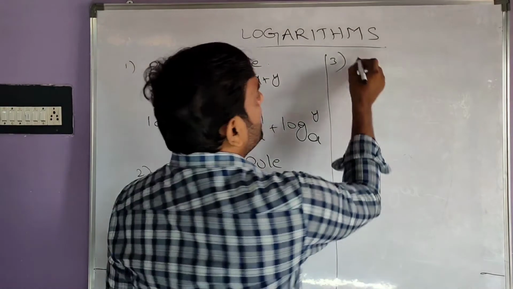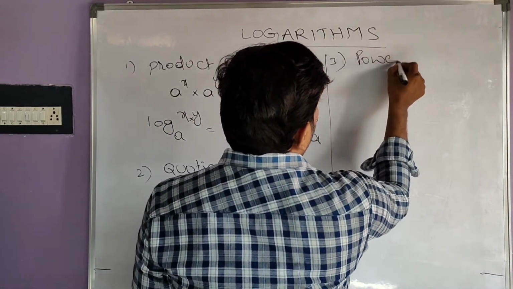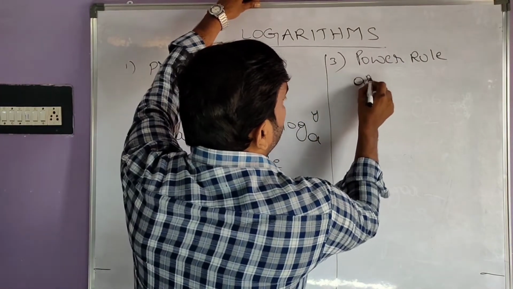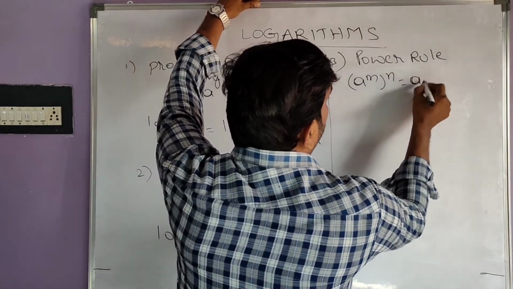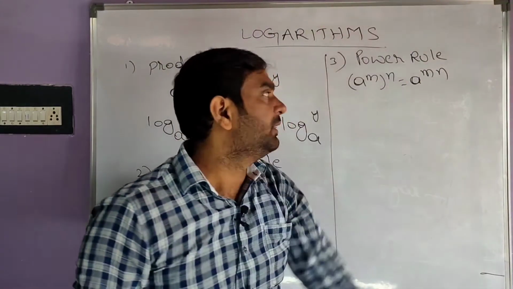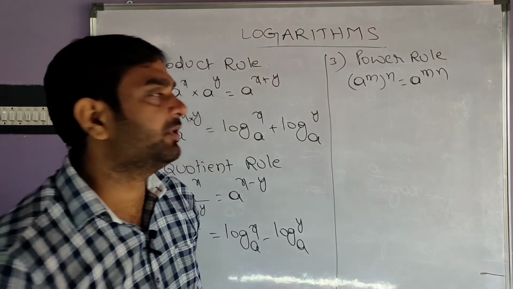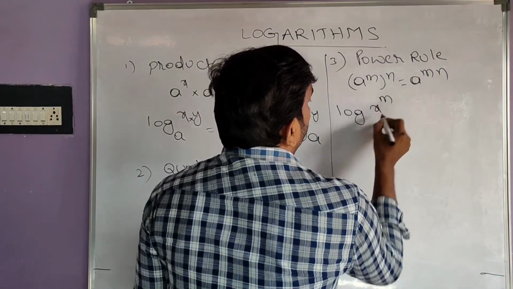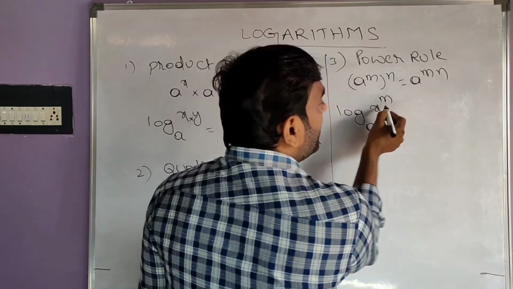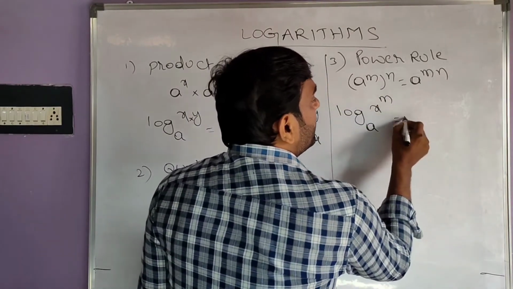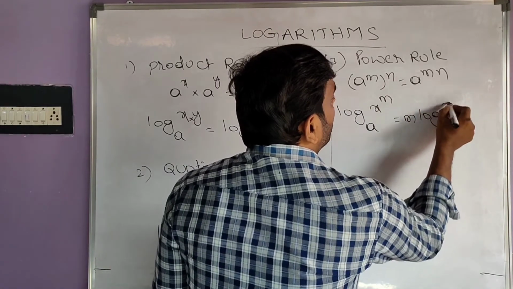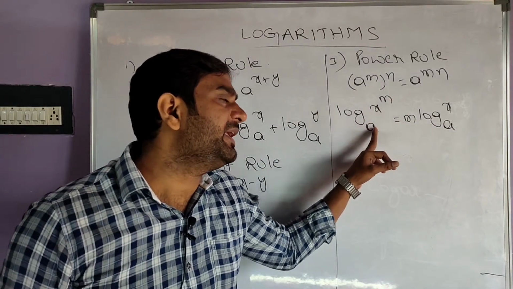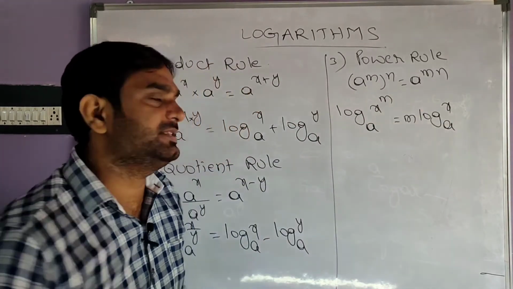And the power rule. We know that a power m whole power n is equal to a power of mn. In logarithm, log x power m base a is equal to m log x base a.